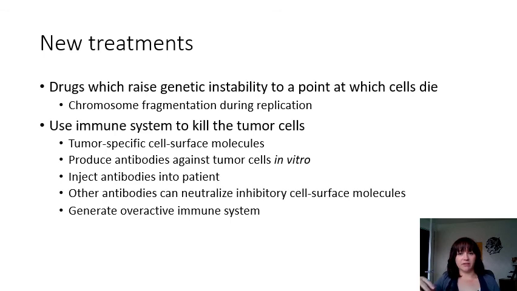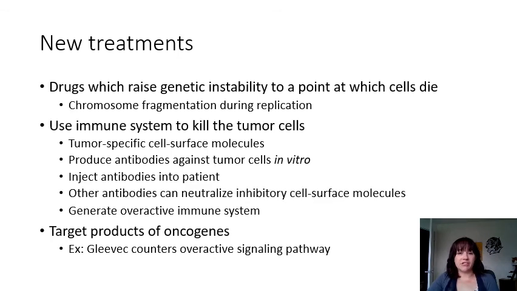The hope is that your immune system would be activated, would identify those as harmful, right? And that the immune system would attack other cells, such as the tumor cells that are also expressing those markers.